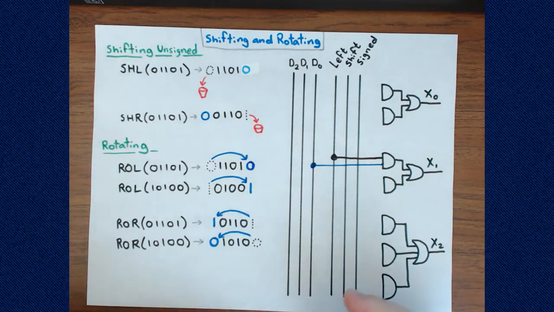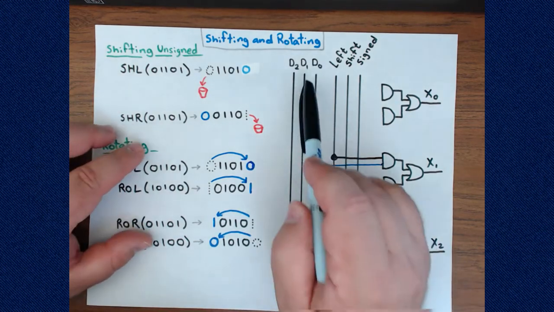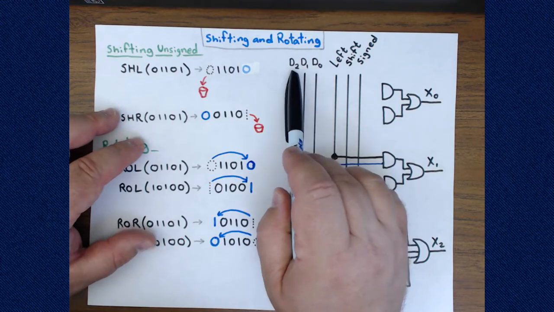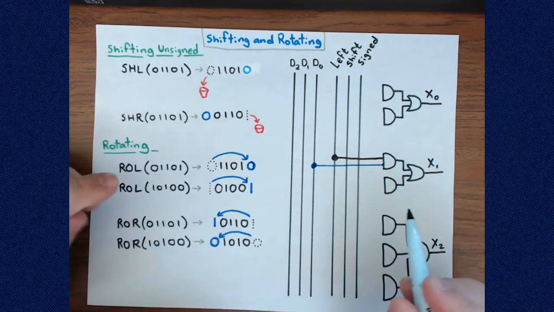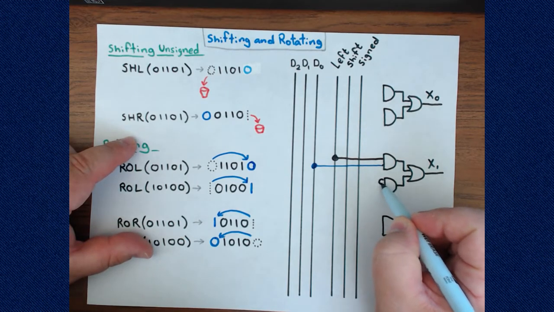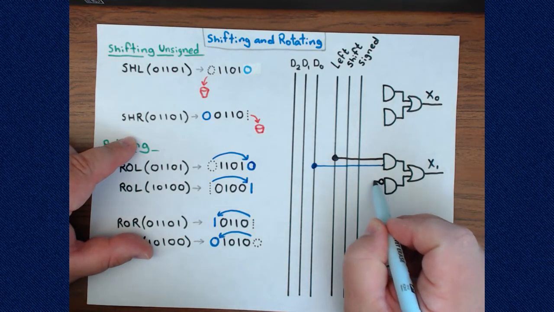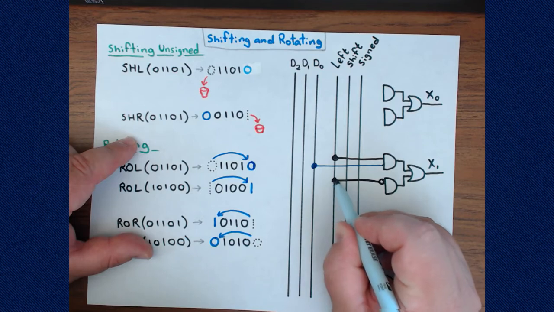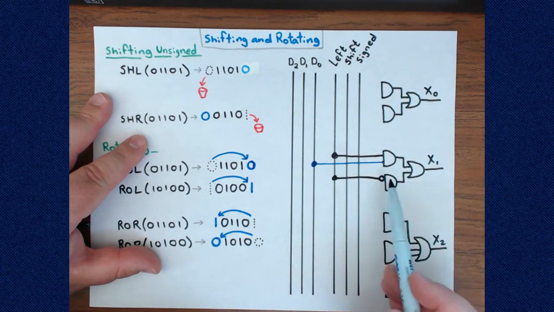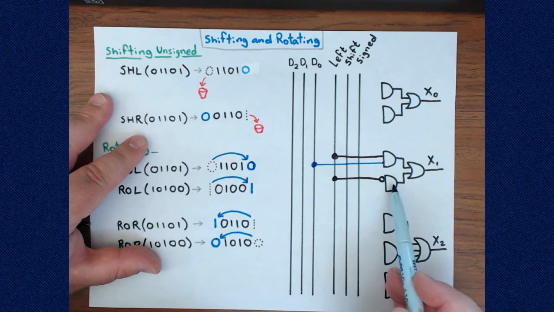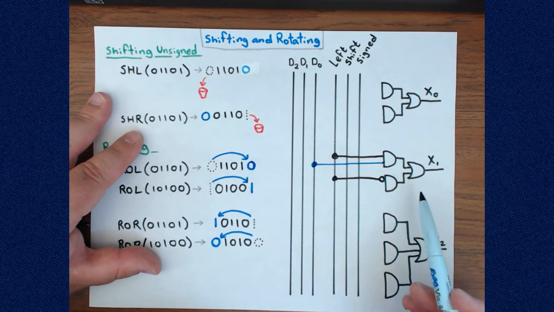All right, let's do the other circumstance for that middle bit. The middle bit could get whatever is in D2 if we're shifting to the right. So to shift to the right, we need to invert our left signal, because if left has a 1 on it, that's going to turn into a 0 and disable this AND gate from pumping out anything other than zeros.